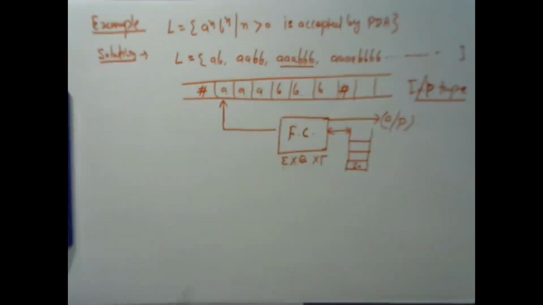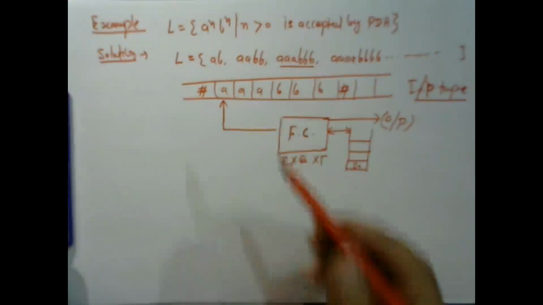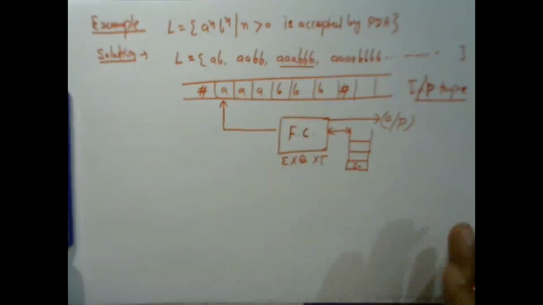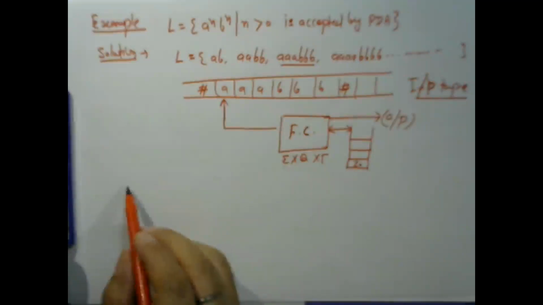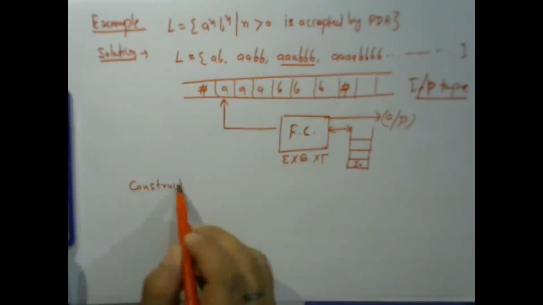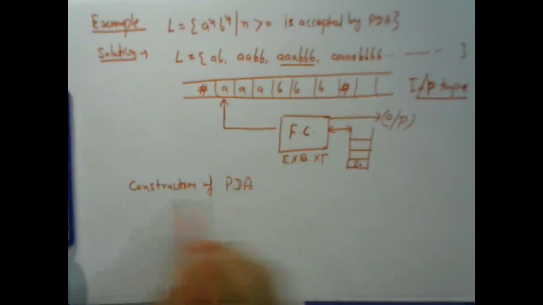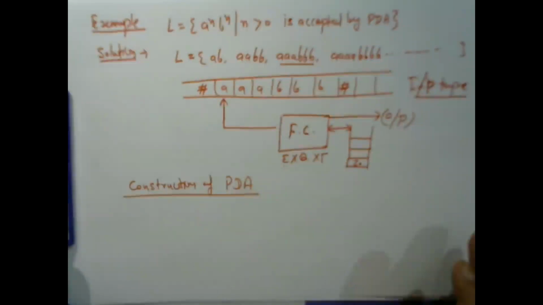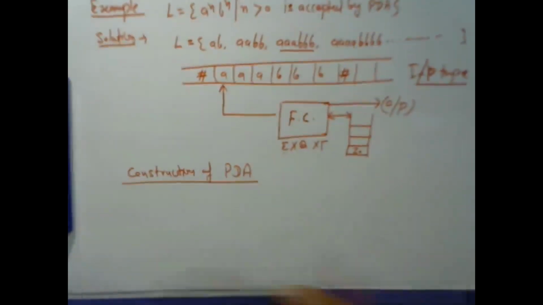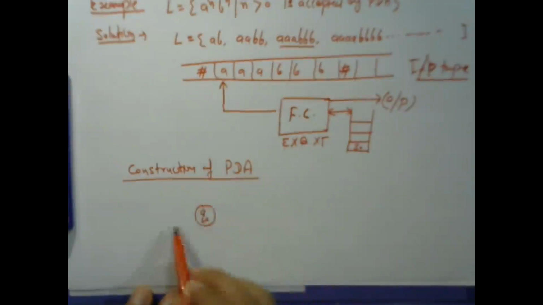In this case, if you want to process this with finite automata, you construct the PDA. Suppose you start from the Q0 state, the initial state of the PDA.